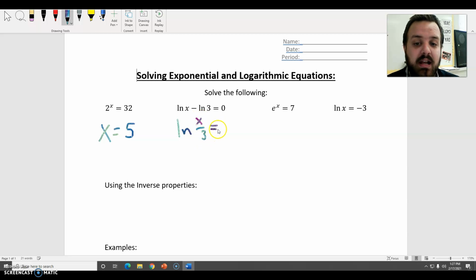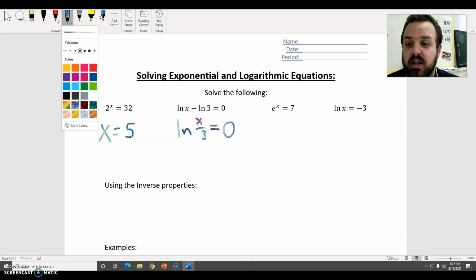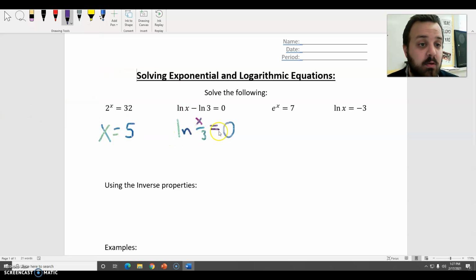Then we can use one of our log properties, which is that if a log equals 0, the inside has to be 1. So x over 3 has to equal 1, meaning x would have to be 3. So using our log properties, we can solve that as well.